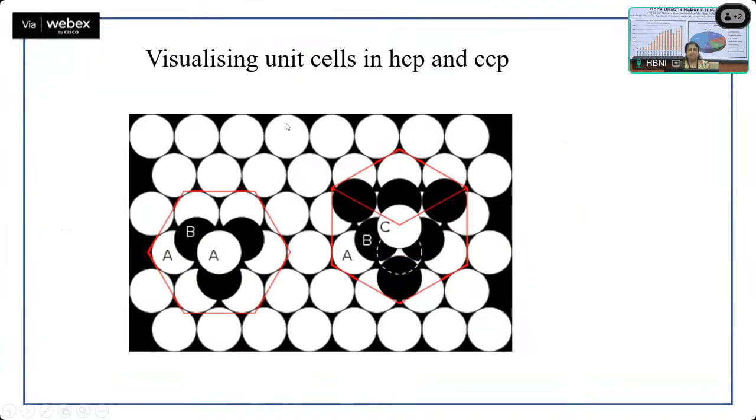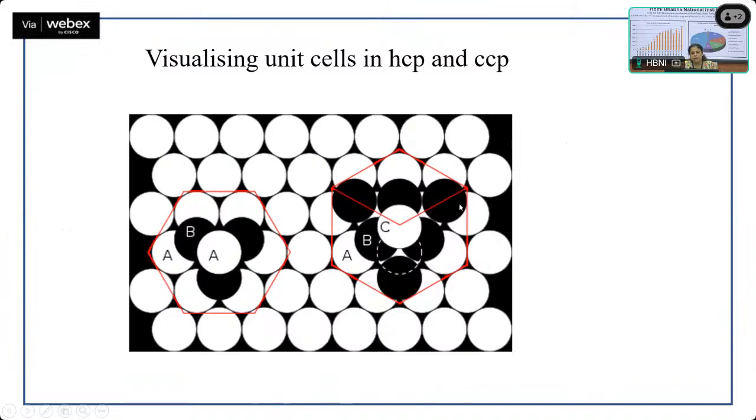Okay, again another representation of how you can visualize your unit cell in the close packing. So this is your hexagonal unit cell on the left hand side, HCP ABA, and this is how the basal plane coincides with the base of the unit cell. But in case of CCP, these are the packing layers and this is how your FCC is drawn.